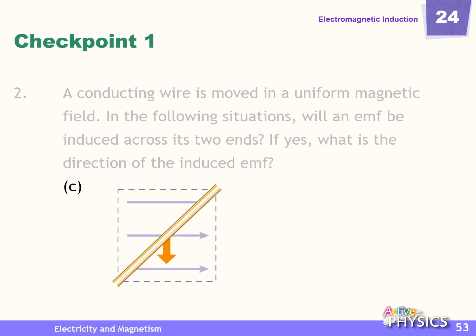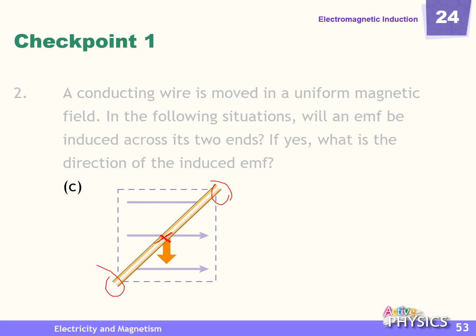How about this one? It seems that there is current, right? The direction of the velocity is perpendicular to the direction of the magnetic field, so there should be induced current. But what is the direction of the induced current? It is pointing inward. However, the wire runs from this corner to another corner.